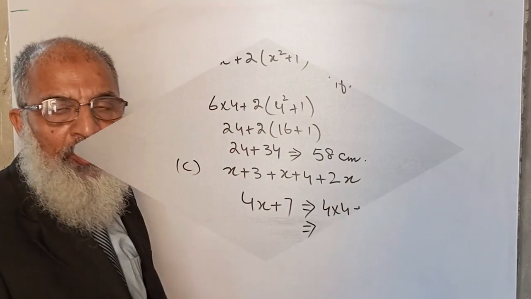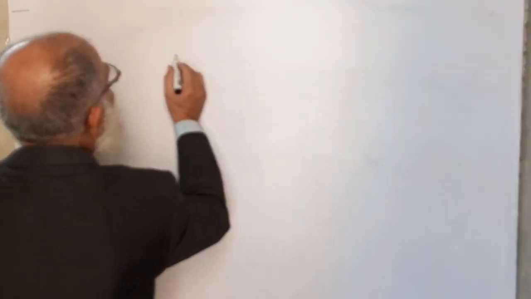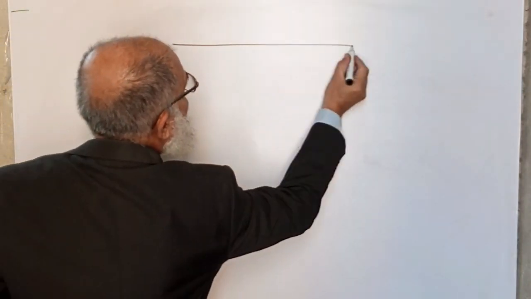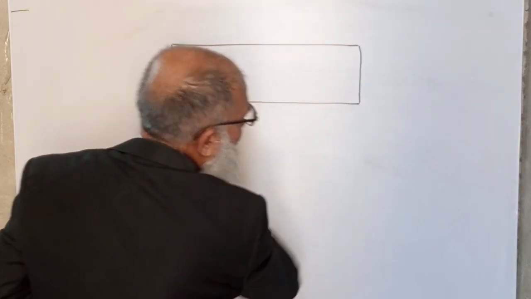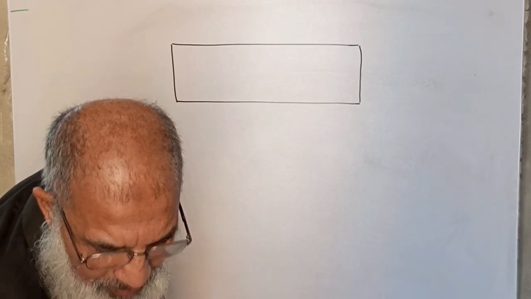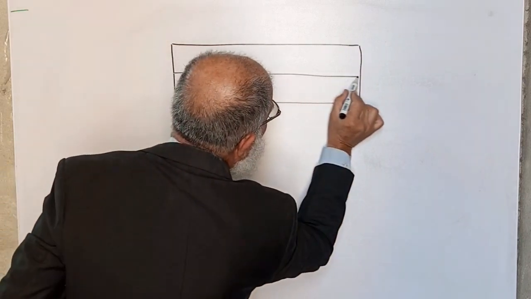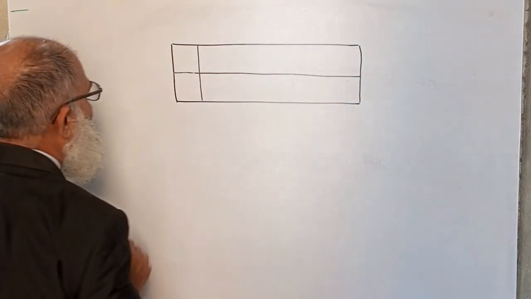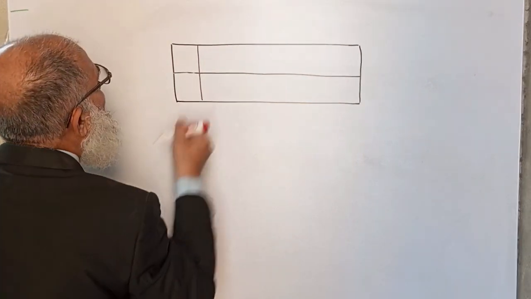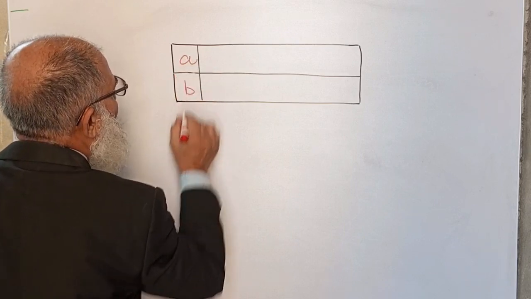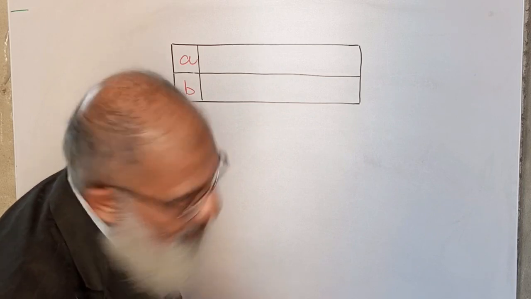The last example. Now in the last example there is a table given. Let me draw a table first. A and B. And how many values? 1, 2, 3, 4.